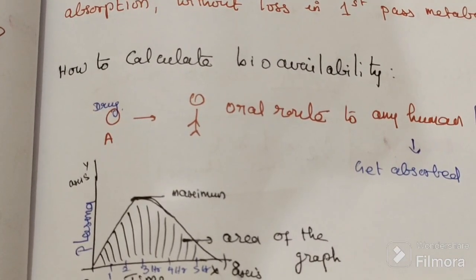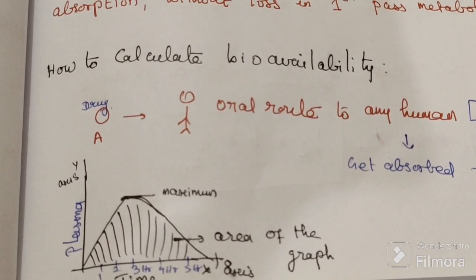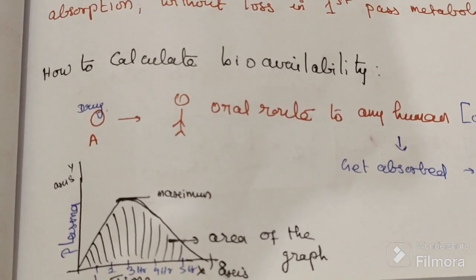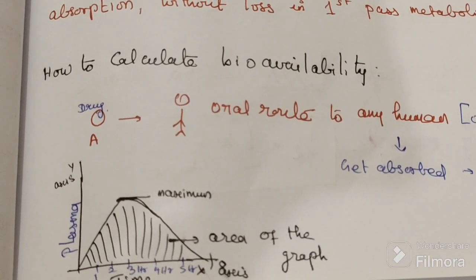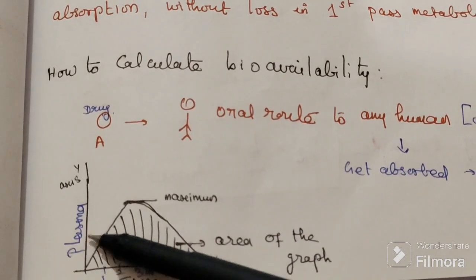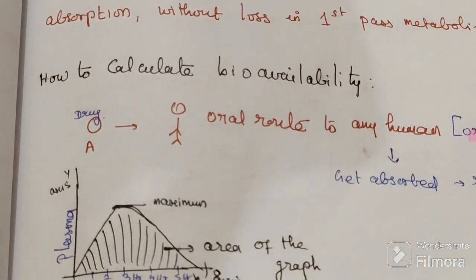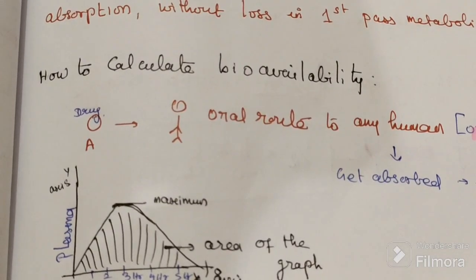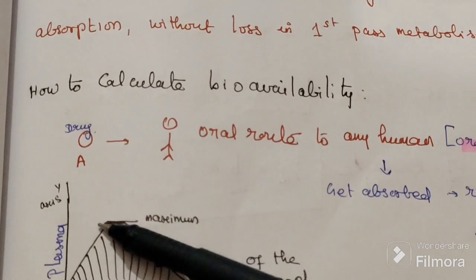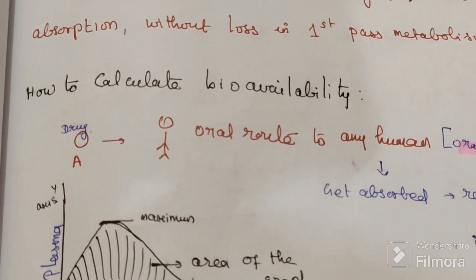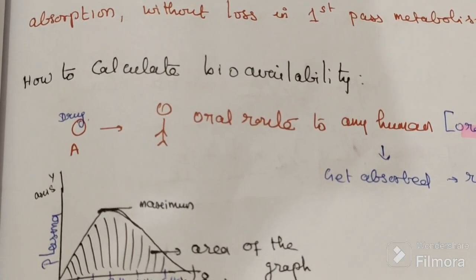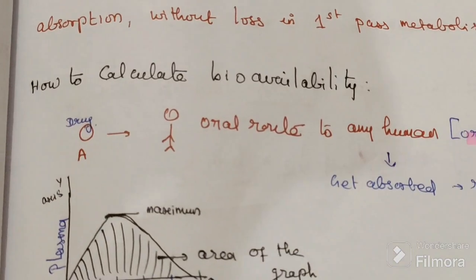As the time increases, 1 hour, 2 hour, 3 hour, 4 hour, the drug is getting absorbed and the concentration in my blood increases. One time will come when it is the maximum absorbed, the maximum plasma concentration.